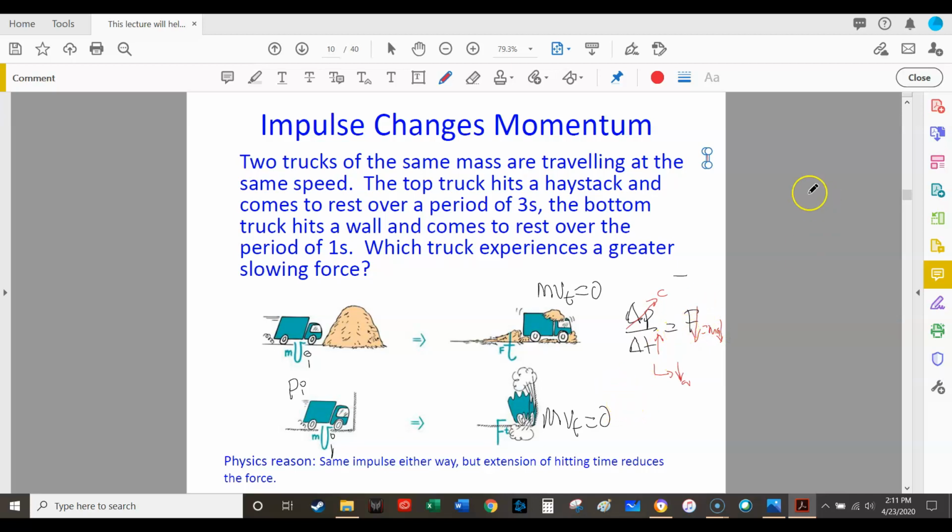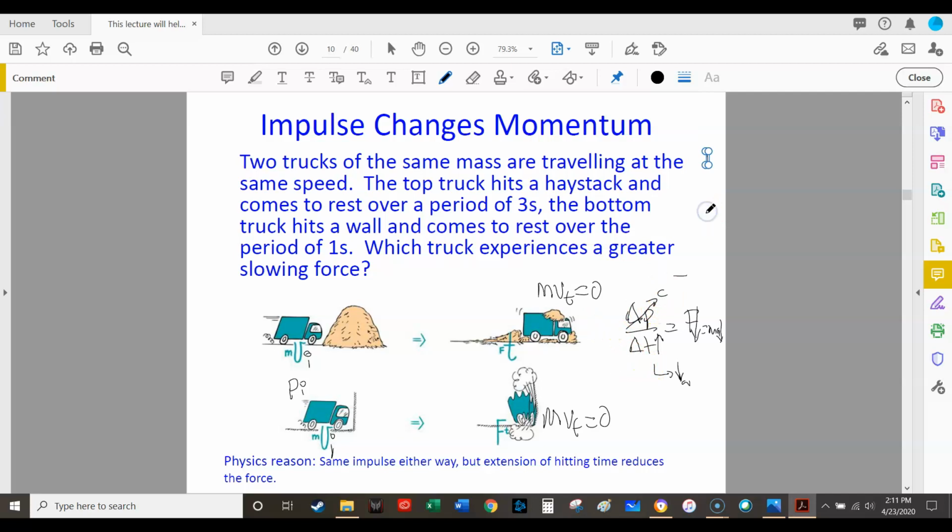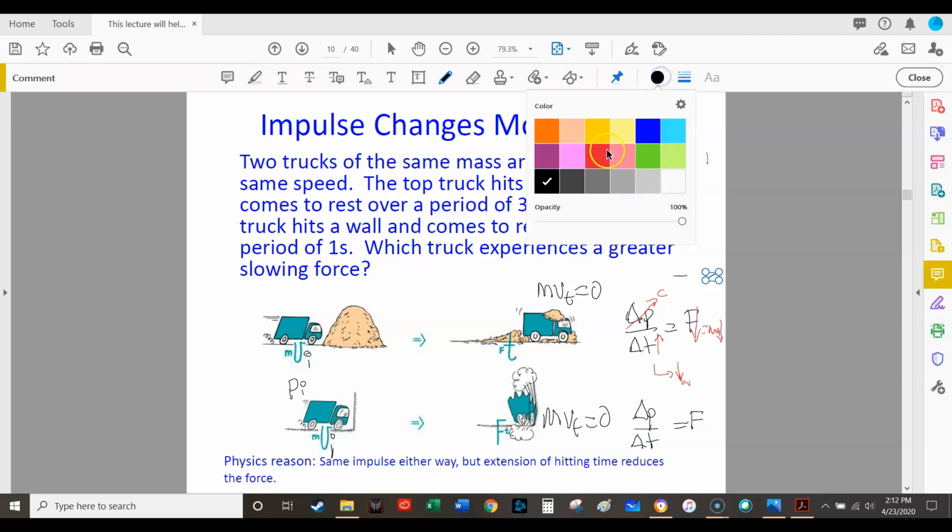Over here, with the brick wall, you have the same change in momentum as before, right?